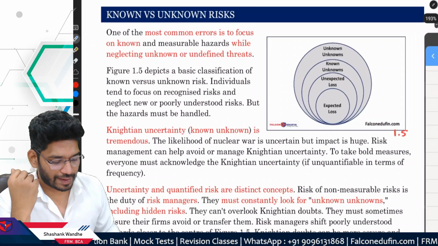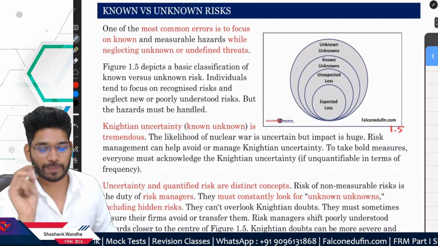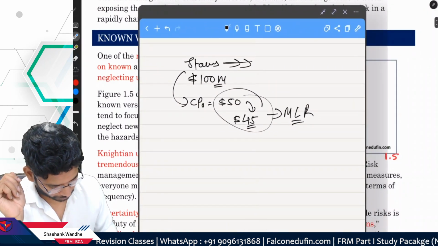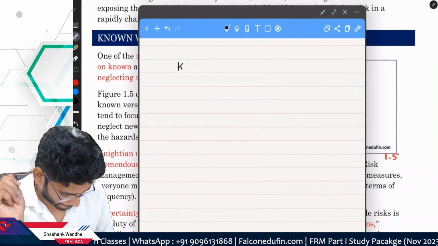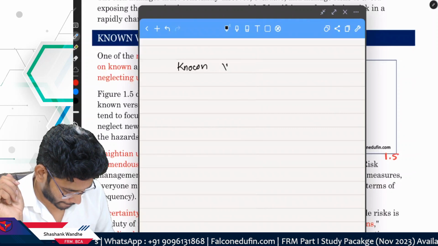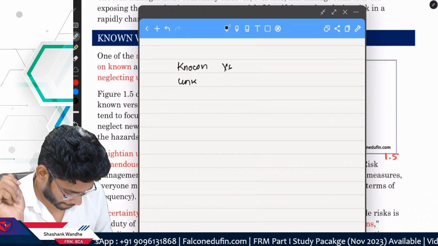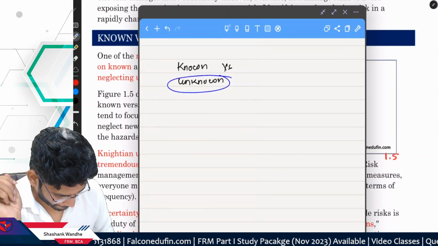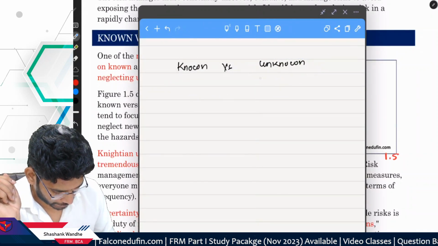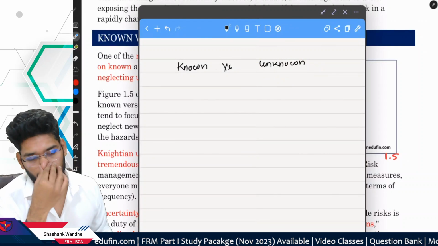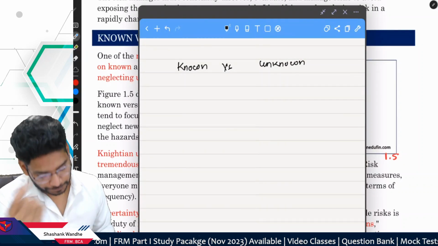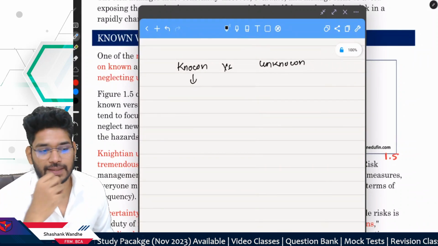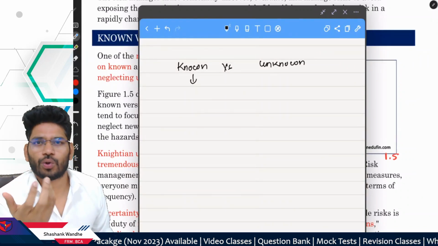Known risk means there are two aspects to it. Known versus unknown. The known part of this risk means you know about that risk.